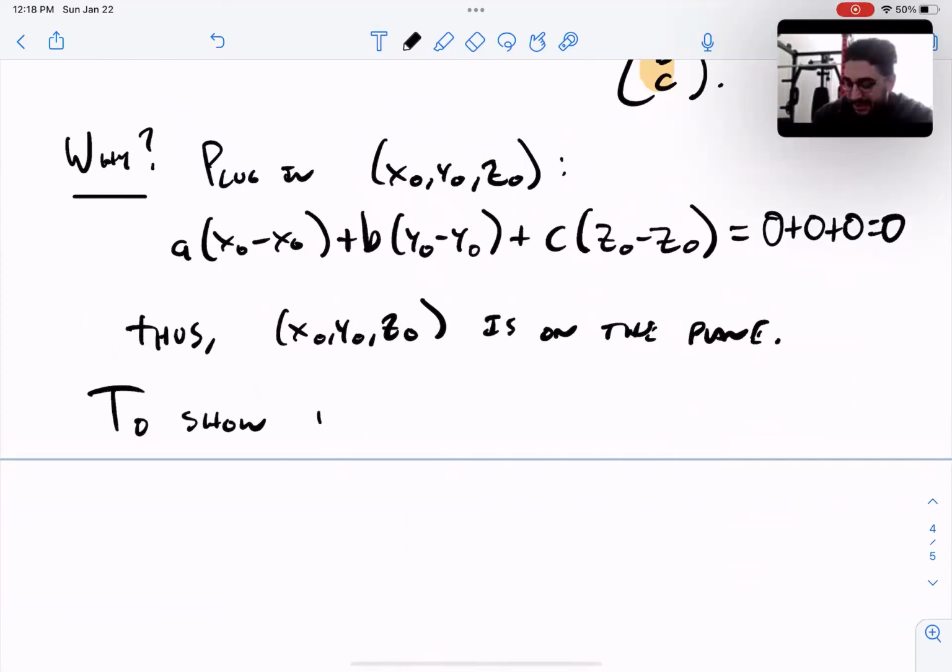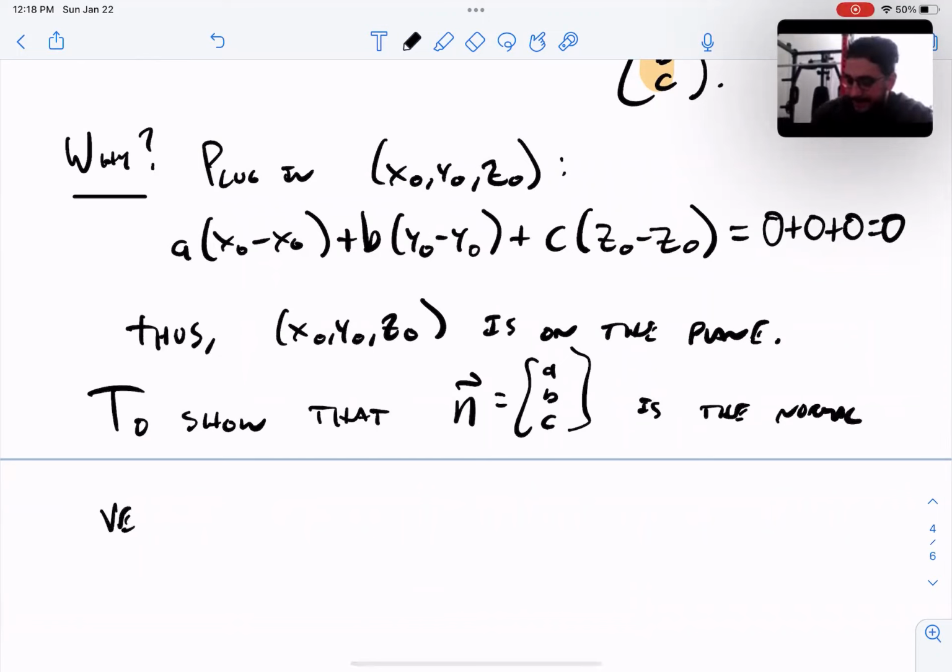To accomplish this, showing ABC is the normal vector, and here normal is being used to mean perpendicular, right? You'll hear sometimes the words perpendicular, orthogonal, normal. All three of those mean the same thing. In this context, at least, they all mean 90-degree angle.